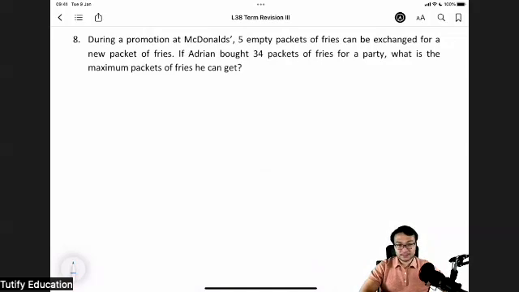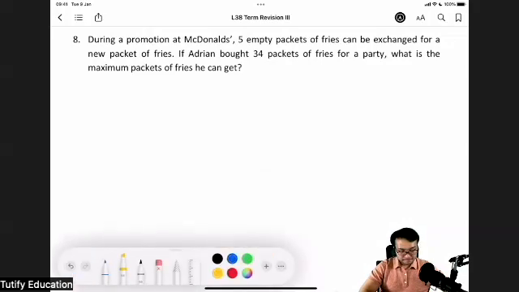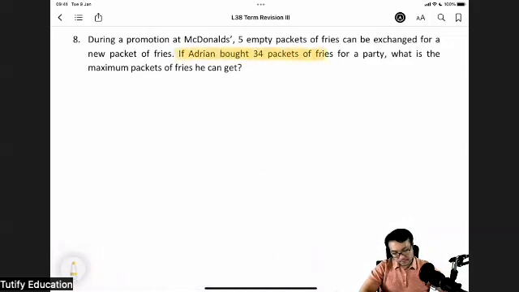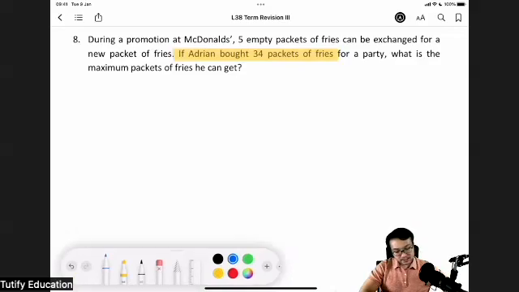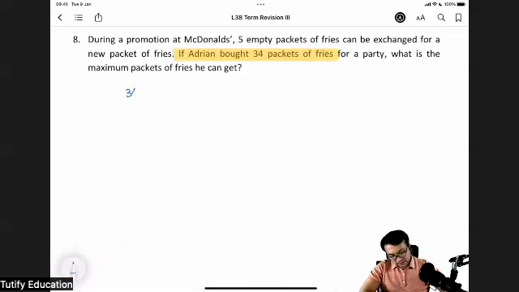How many packets of fries do we start off with in this question? 34. Yes, because he bought 34 packets of fries. So we start off with 34 packets of fries.